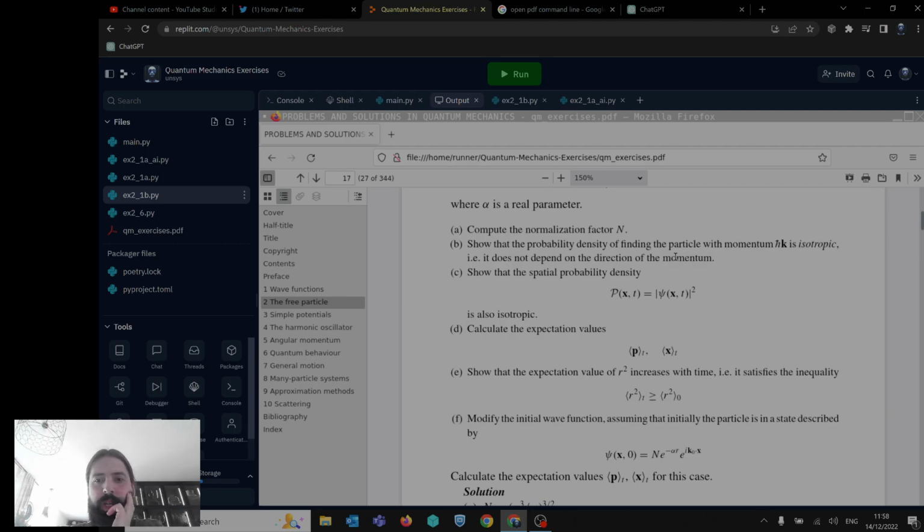To find the probability density of a particle with a given momentum, my mental process was that we need to transform that wave function into its momentum representation. That's what led to all of this. Then basically do the square and find the probability density of that specific momentum.